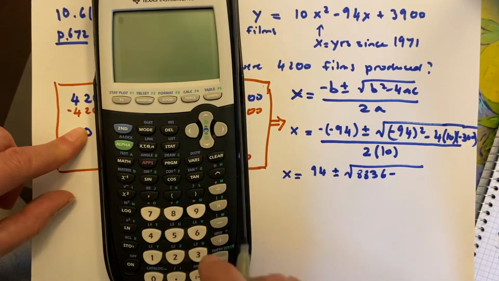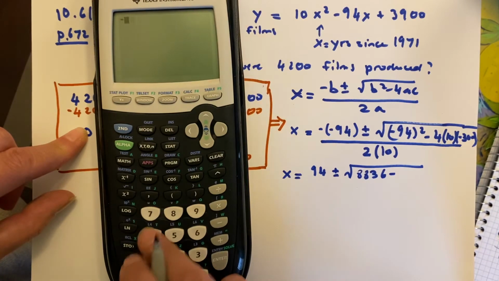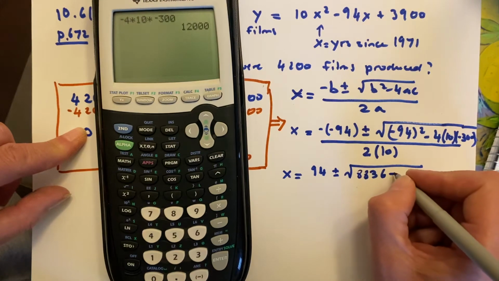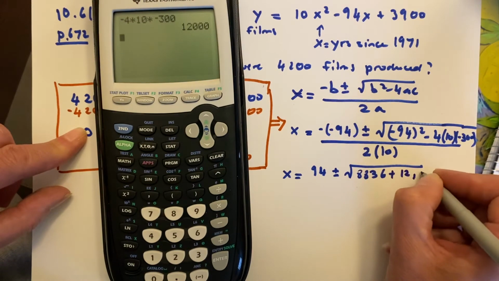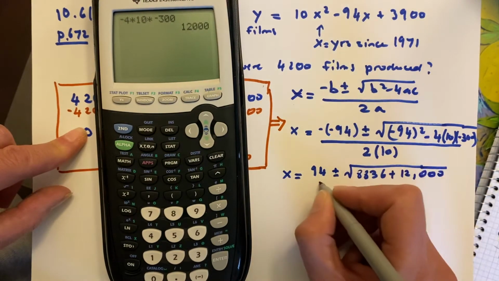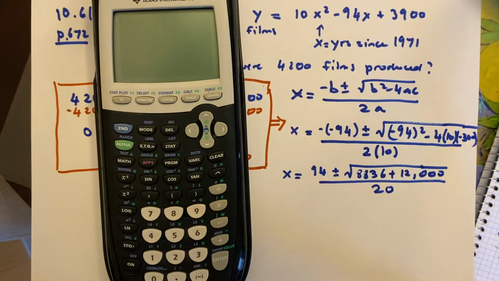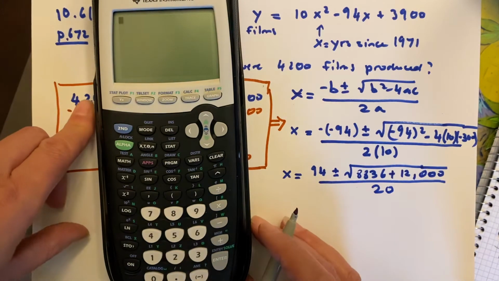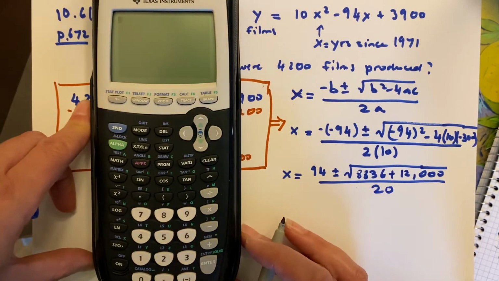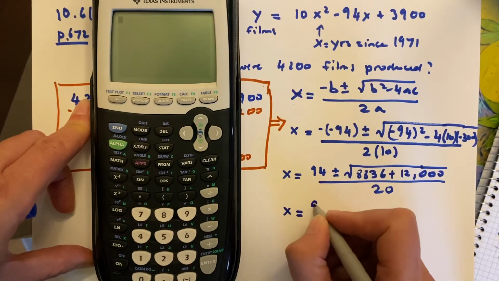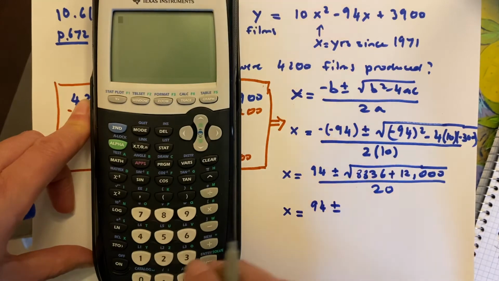And actually, I'm going to go back and say I'm going to put in a negative 4 times positive 10 times negative 300, and I end up with a positive 12,000. Over 2a, which means over 20. Why am I doing this on my calculator? Because I really don't want to take the chance of making a mistake, and it's just so much detail that it's easy to do.